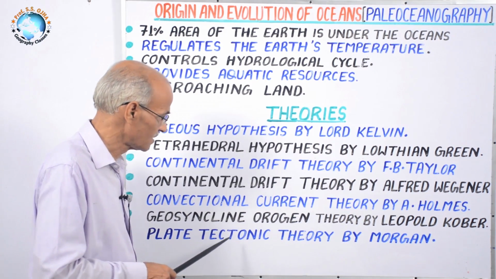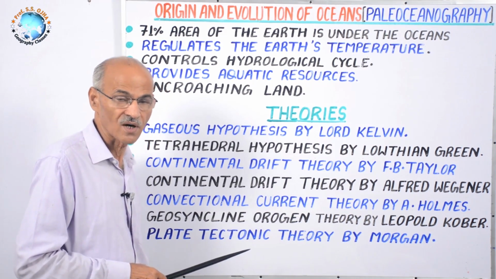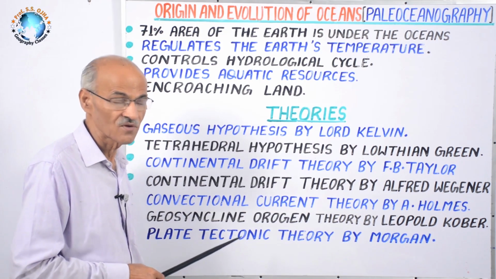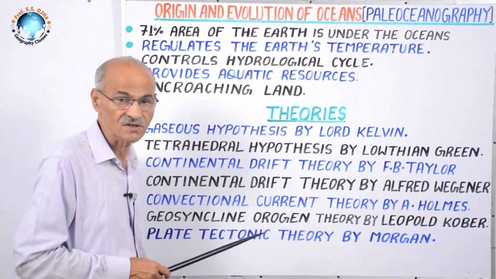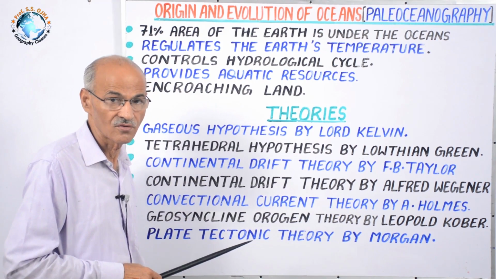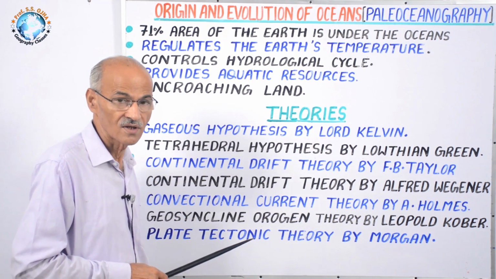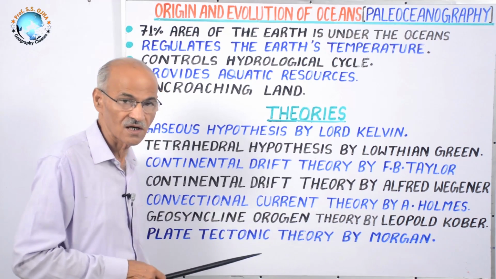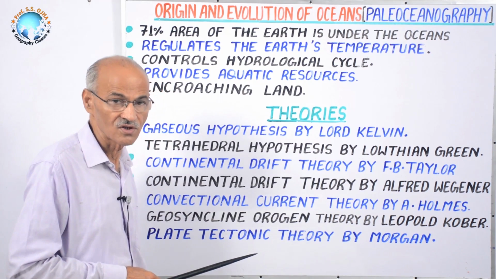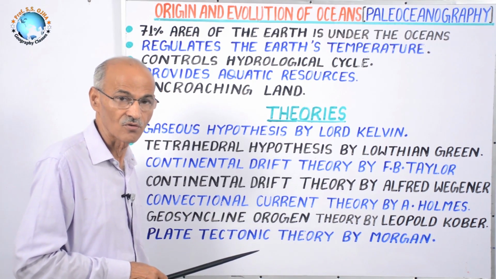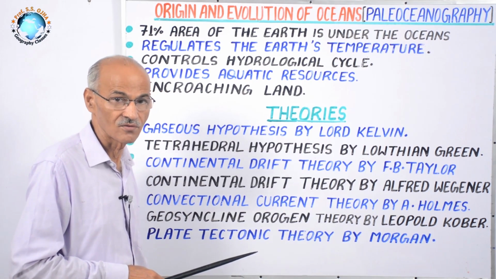So this is the history of the past oceans, which is the first phase or first aspect of Paleoceanography. Now, in short, you will give detail of these in the origin and evolution of oceans or say Paleoceans.